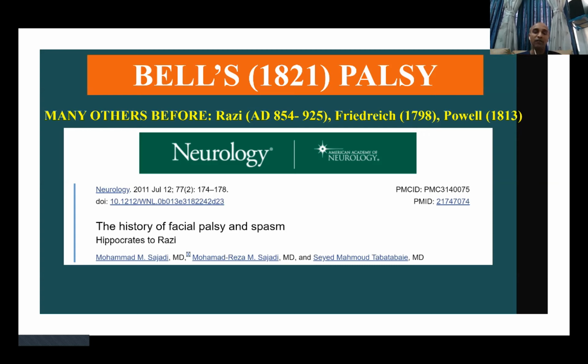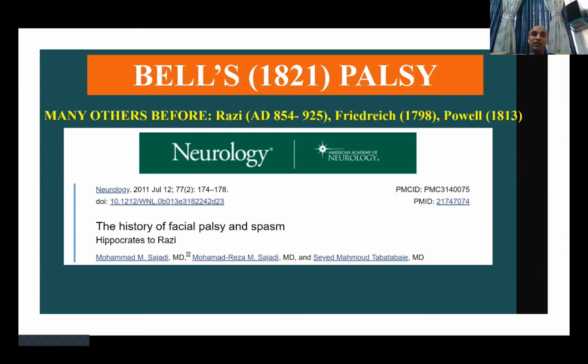Razi was a Persian physician way back in the 1st century, and he described facial nerve palsy in great detail. In fact, he went to the extent of saying that if there is associated hand and leg weakness, then these patients tend to have sparing of one part of the face. And if it is not involving the hand and leg, they can have involvement of the entire half of the face.